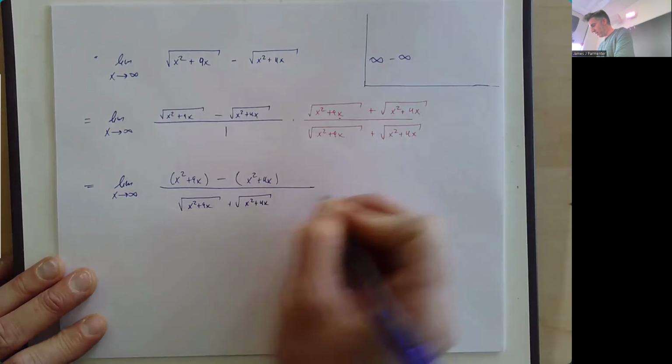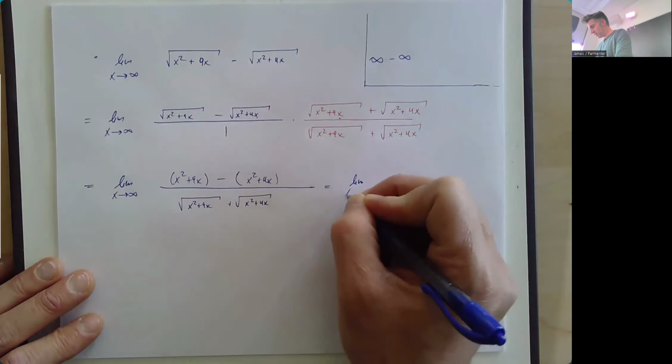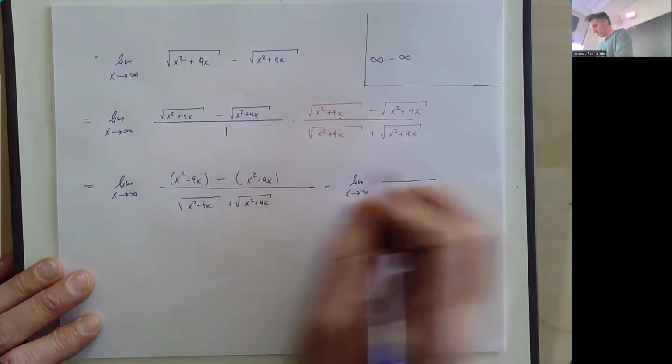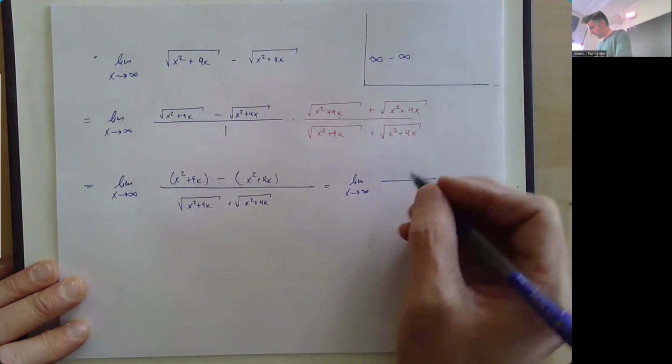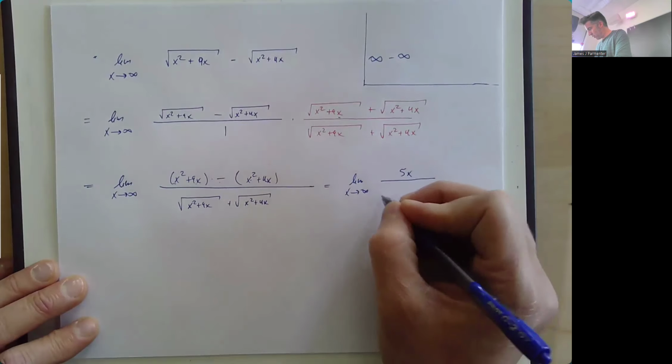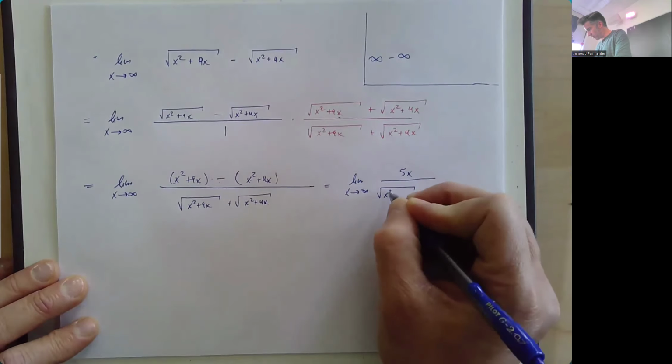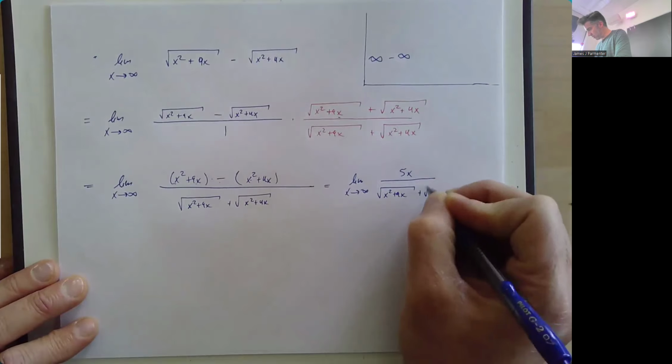Simplify on the top a little bit. I've got the limit as x goes to infinity of x squared minus x squared cancels. 9x minus 4x is 5x over the square root of x squared plus 9x plus the square root of x squared plus 4x.